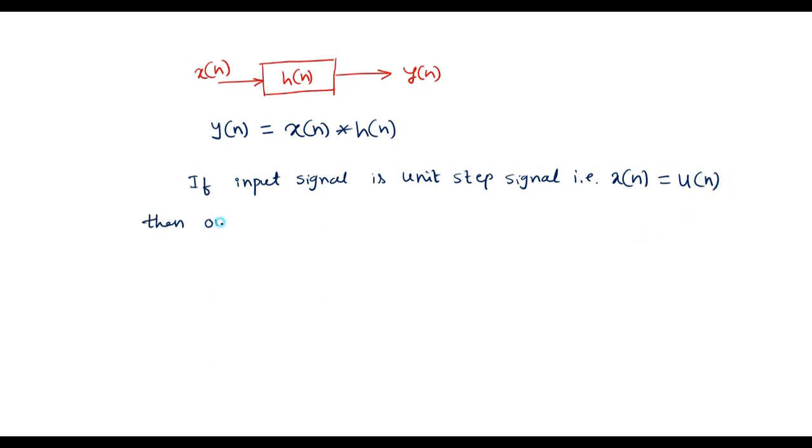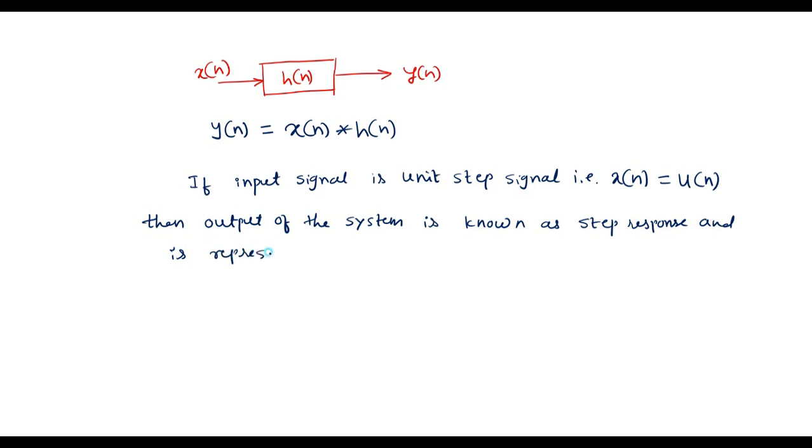Then the output of the system is known as the step response and is represented as, let s of n be the step response, that is, the response of the system for the step input.